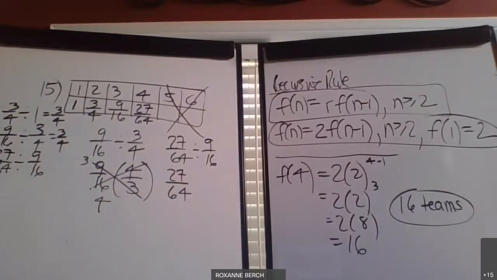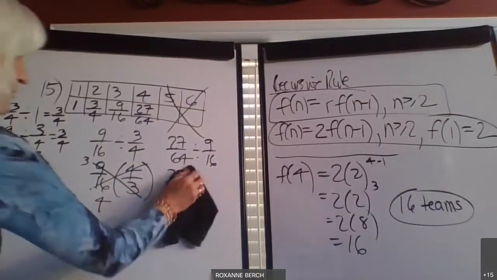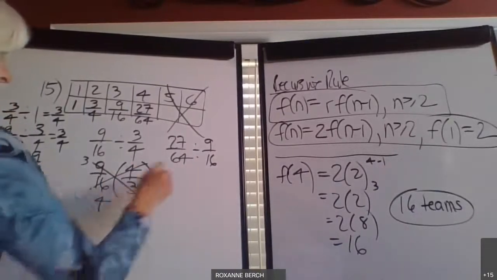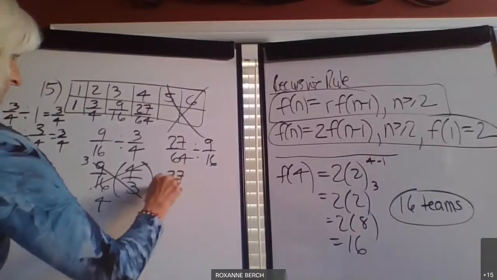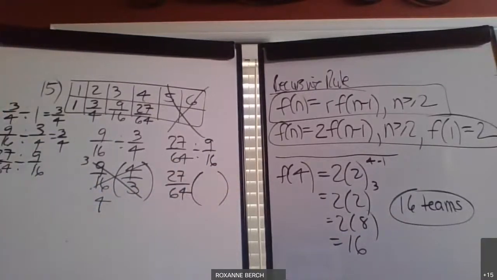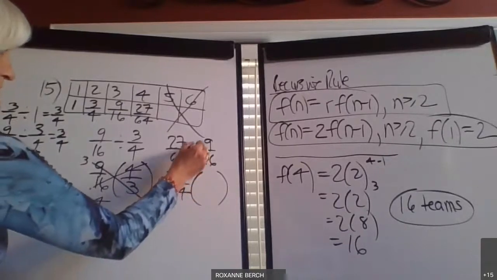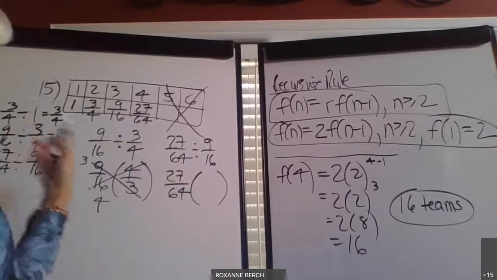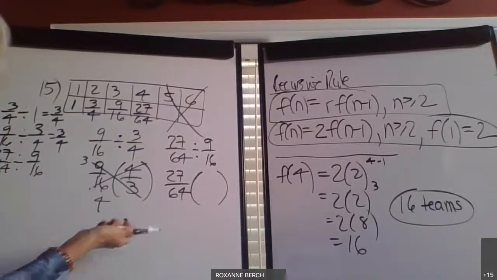You have to change to multiply and take the reciprocal, right? So what would that be? Times 16 over 9.